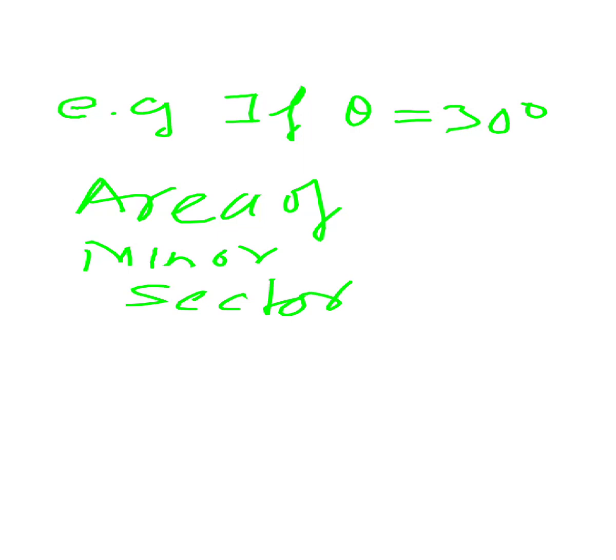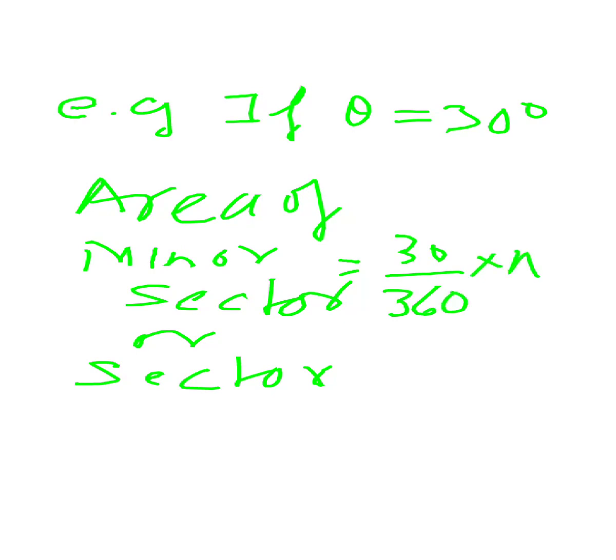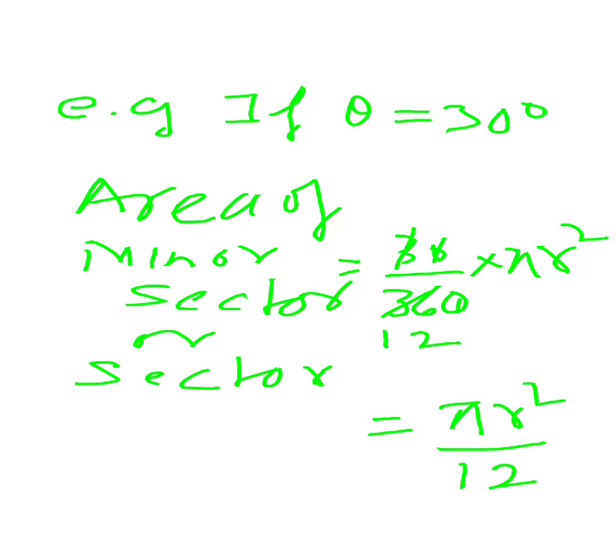How much will it come to? 30 divided by 360 into pi r square. Okay, the zeros cancel, so it is equal to pi r square divided by 12. Pi r square divided by 12 in this case. Okay, so we have just taken an example.